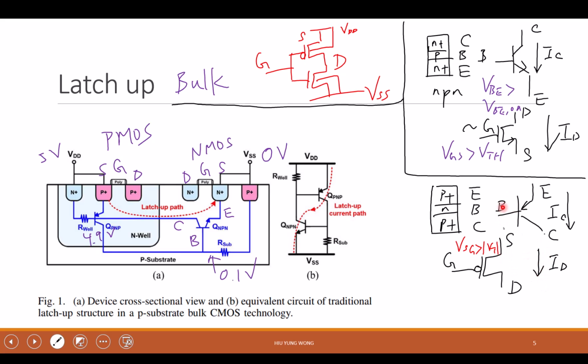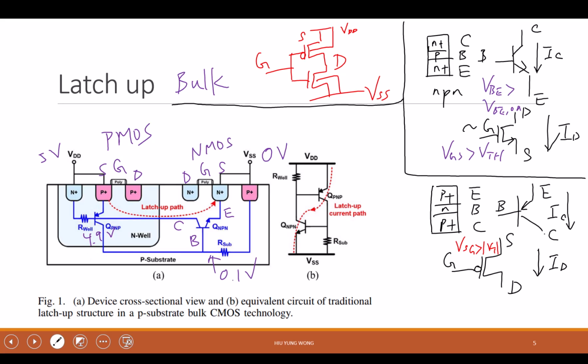Same here. If the B is much smaller than E, I also have a lot of current. Now, because of this resistive drop, this point might not be at 5 volts, but this source is connected to 5 volts. So as a result, I might turn on this PNP.